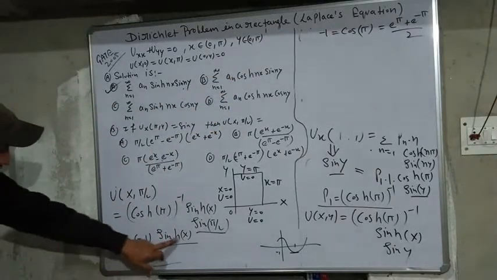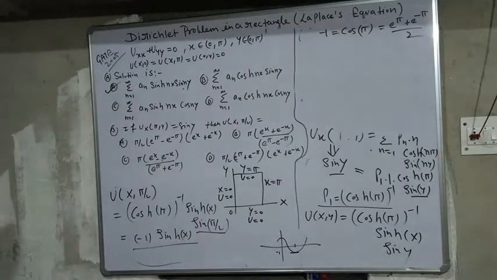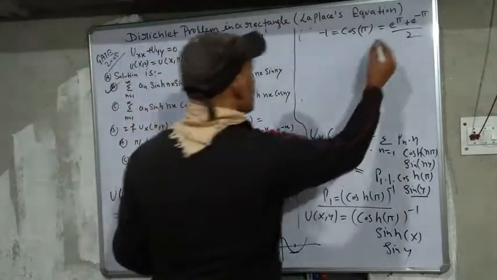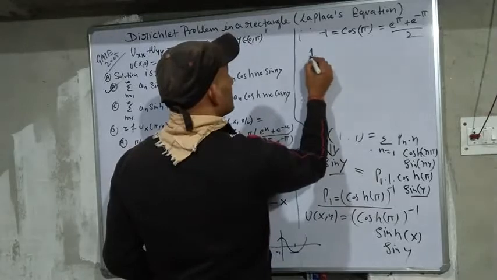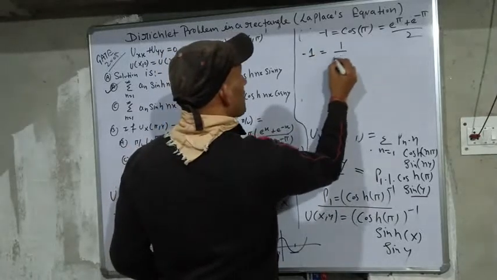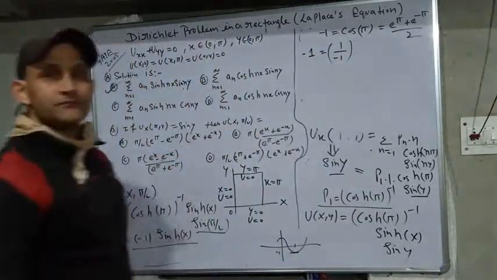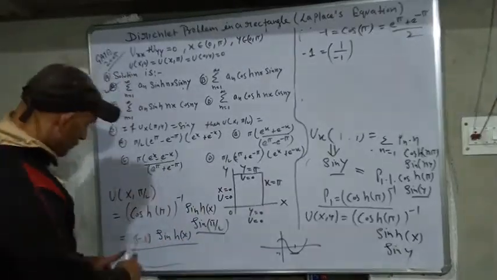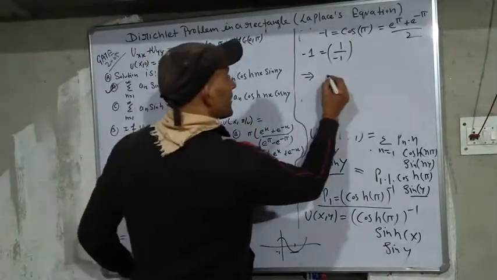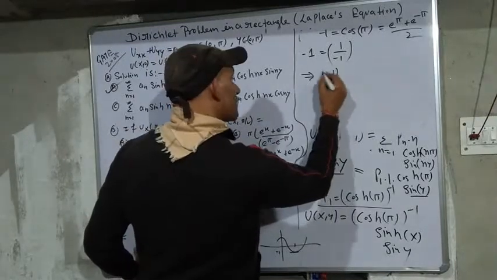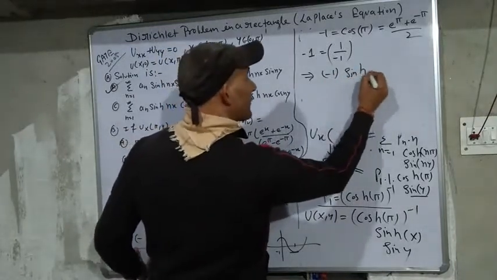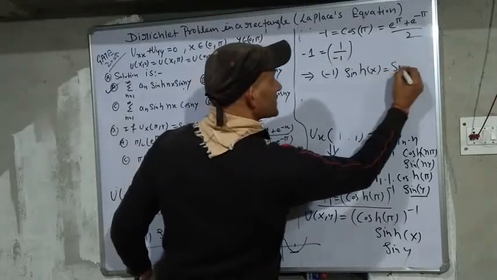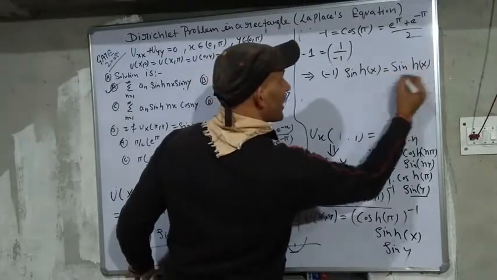Now what about sine hyperbolic x? You know that if you have minus 1, you can also write 1 upon minus 1, both are the same. Very simple. You have to just use your mind. So here you can write minus 1 into sine hyperbolic x is equal to sine hyperbolic x upon minus 1.